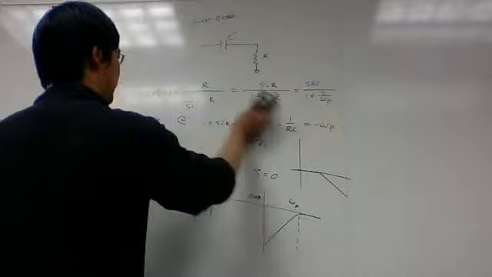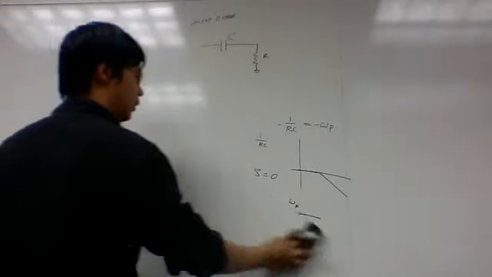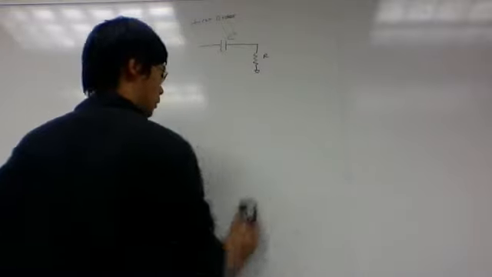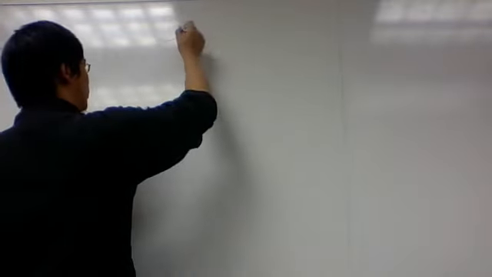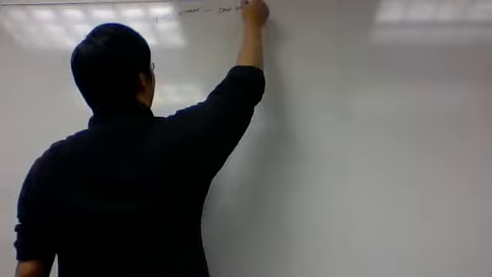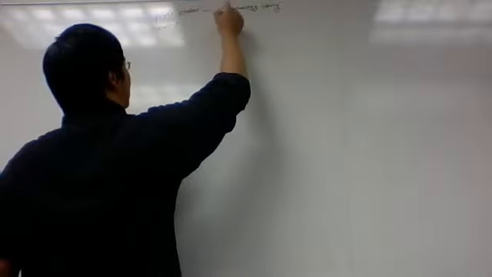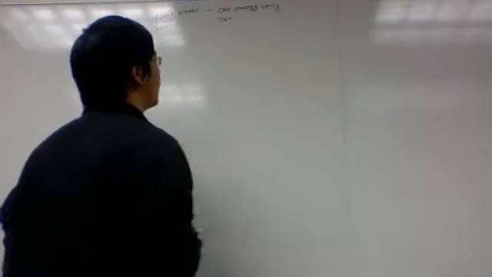Okay, let's take a look at a second order system. In a second order system, you have two energy storing devices. First order means one energy storing device; if you have second order, you have two.